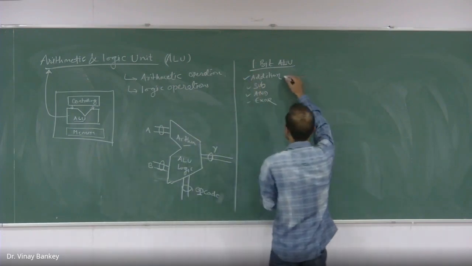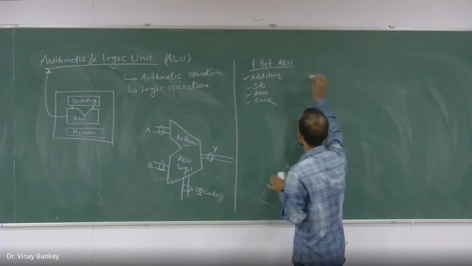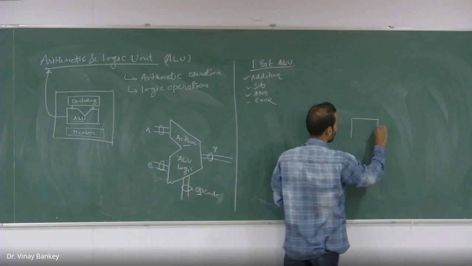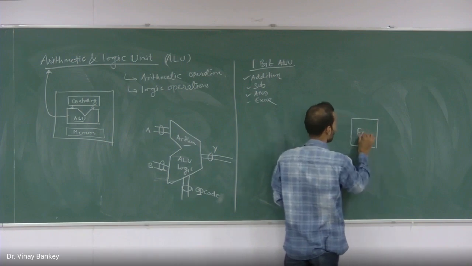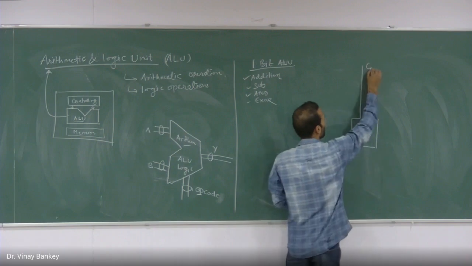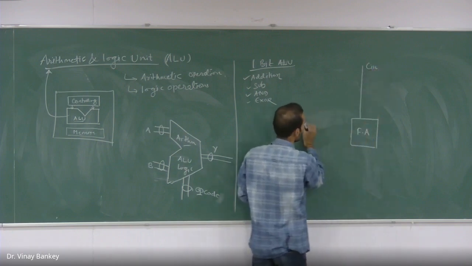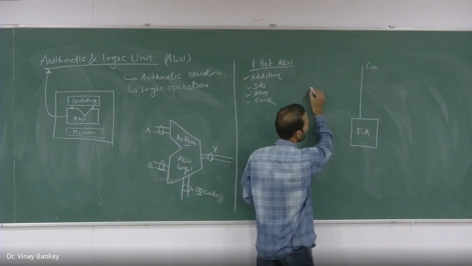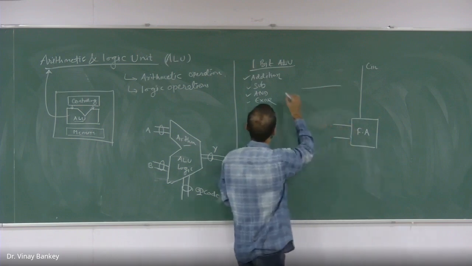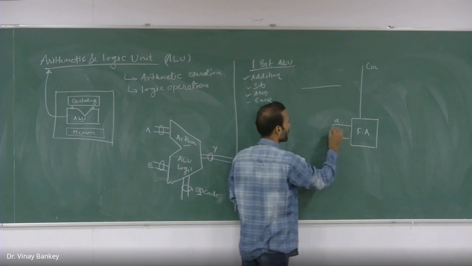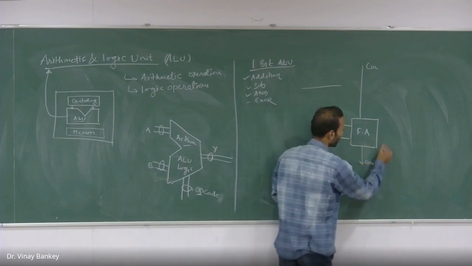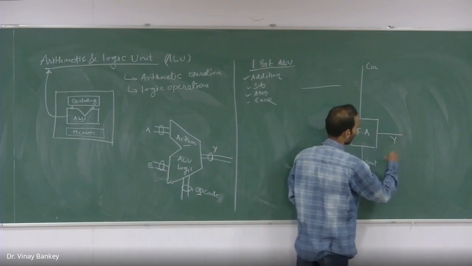First of all, for the subtraction and the addition, you need one full adder. This is my full adder. So there will be a carry in, and there will be data A and B. So there will be a carry out, C out, and you will have your output here.